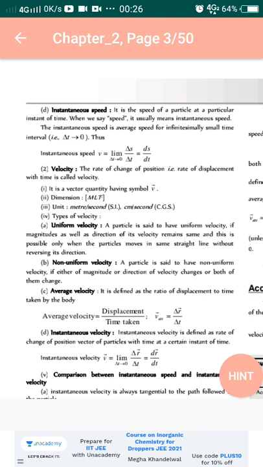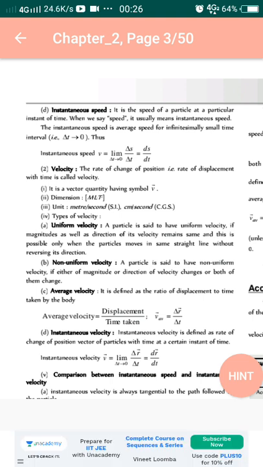Types of velocity. A. Uniform velocity. A particle is said to have uniform velocity if the magnitude as well as the direction of its velocity remains the same, and this is possible only when the particle moves in the same straight line without reversing its direction with a constant speed.